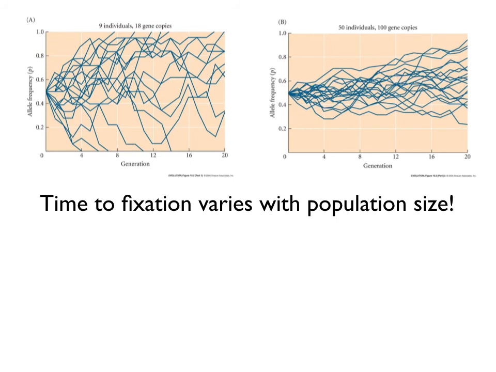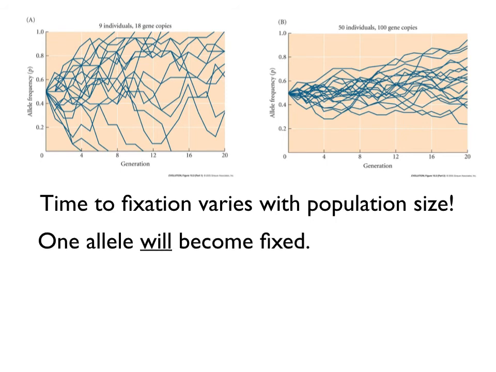The more individuals there are in the population, the slower the population will change allele frequency just by chance. Okay? I do want you to know that in genetic drift, one of the alleles absolutely will become fixed. No matter what, it's going to happen. It could take a long time, but it is absolutely going to happen.